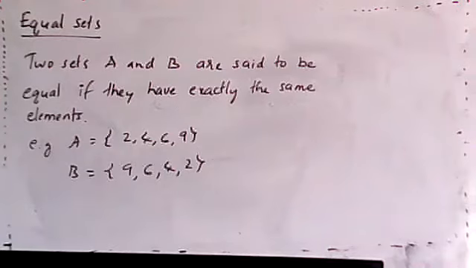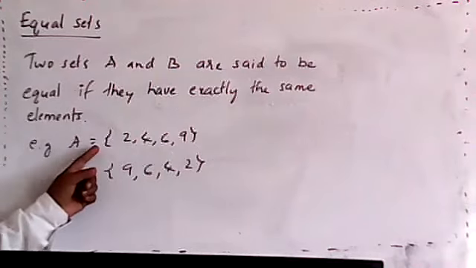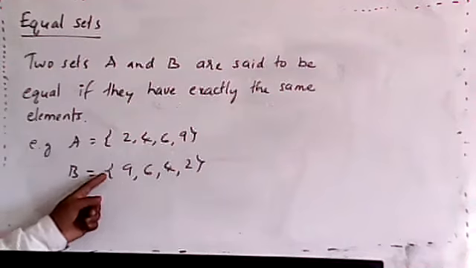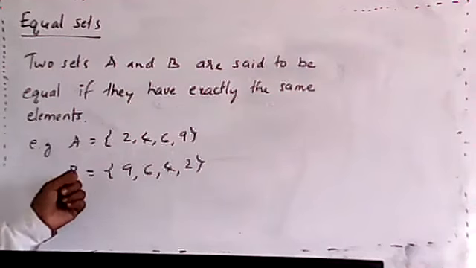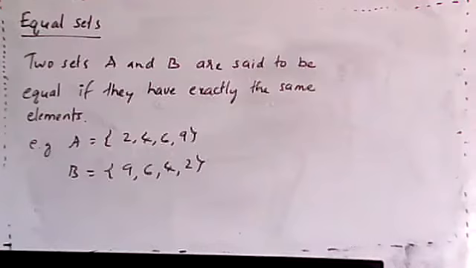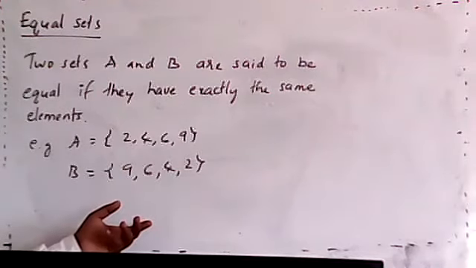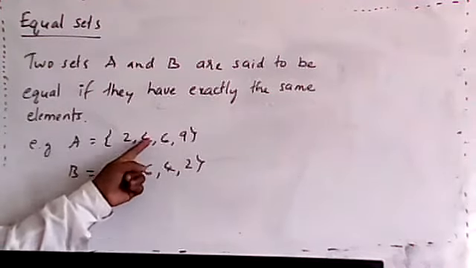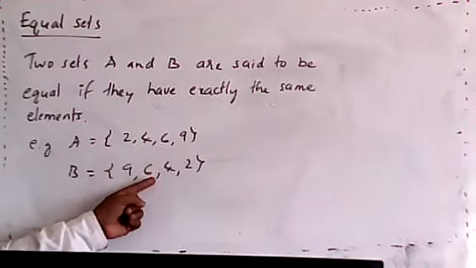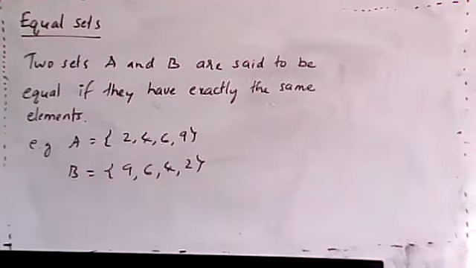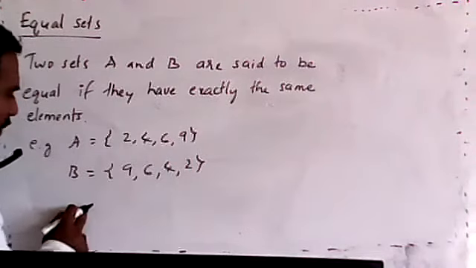Okay, I'm asking whether set A is equal to set B. Yes, many are saying yes, which means they understood that the order of writing elements may be different, but the elements are the same. Here 4 is there, here also 4 is there. 6 is also here, 2 is also here, 9 is also here. So the order may be changed, but they are the same elements.